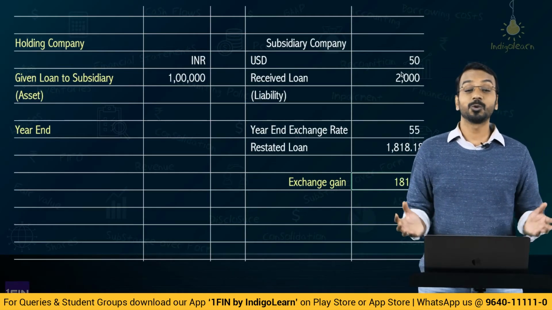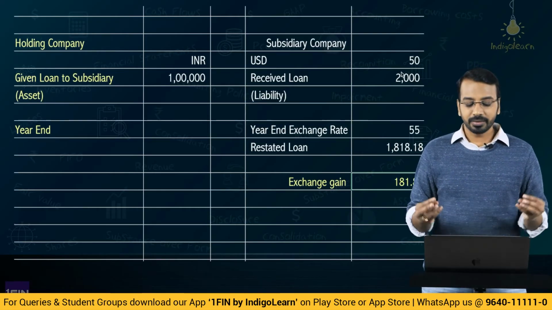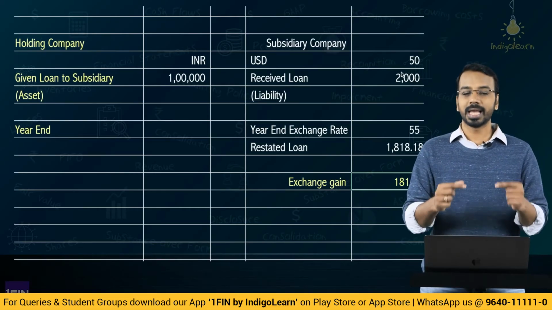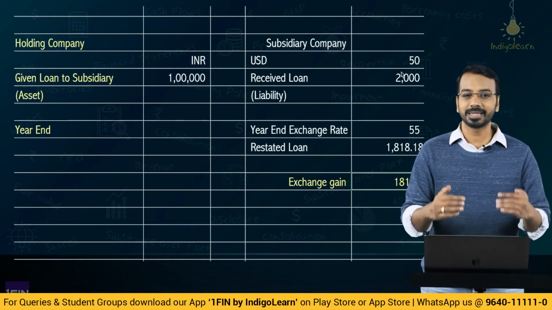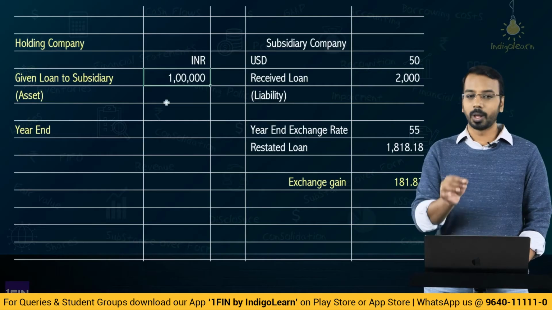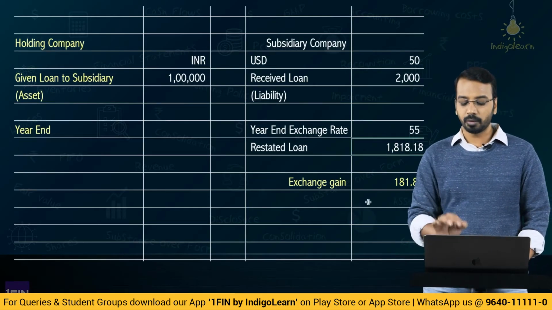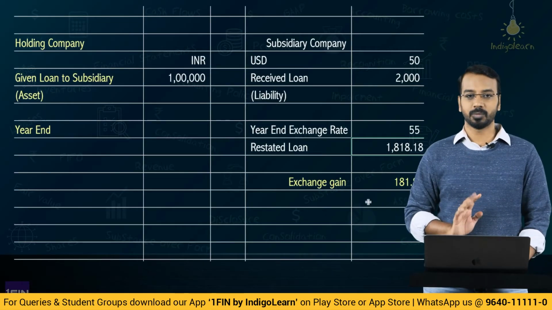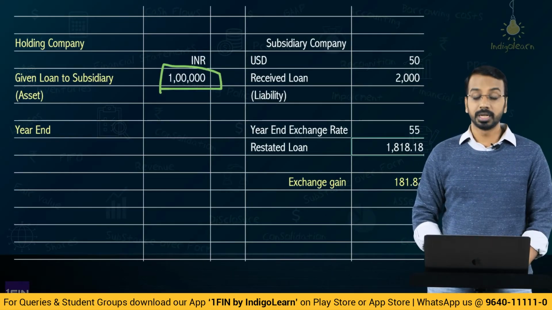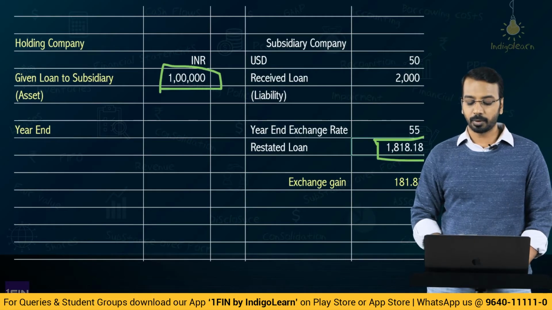Now, when we have to consolidate, what should we do? Whenever we are consolidating, one thing we know is that the intra-group balances have to be offset. Basically, this 1 lakh of loan will be offset against this restated loan balance of 1818.18.